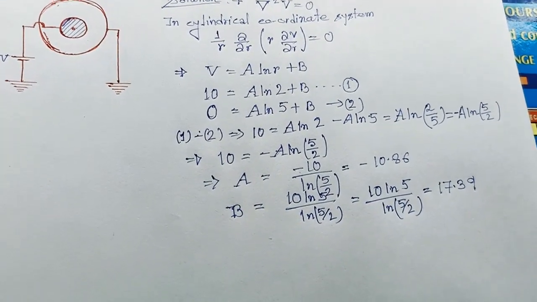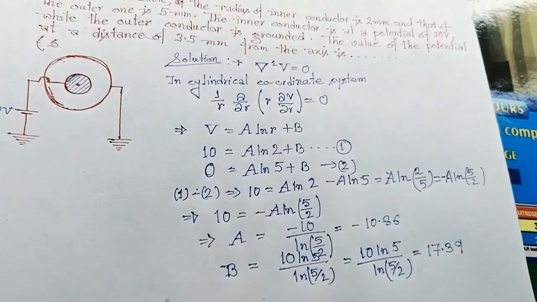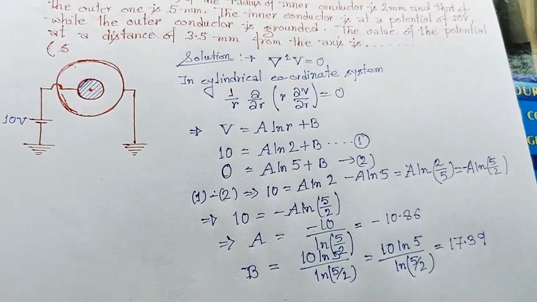So now the potential at a distance R equal to 3.5.